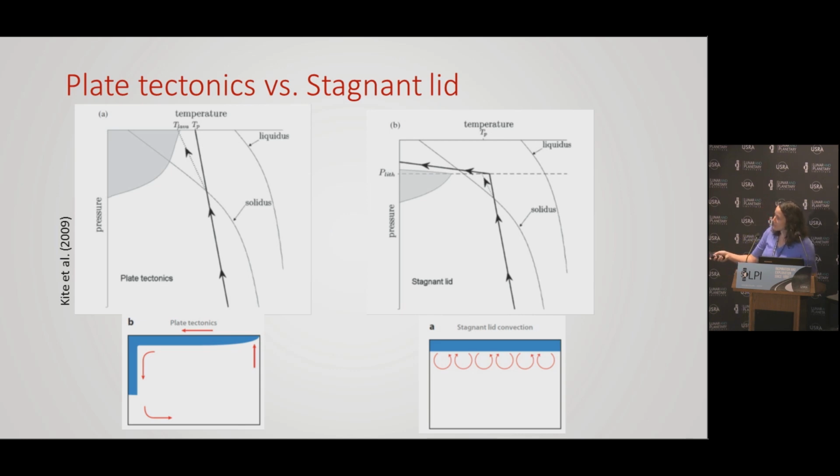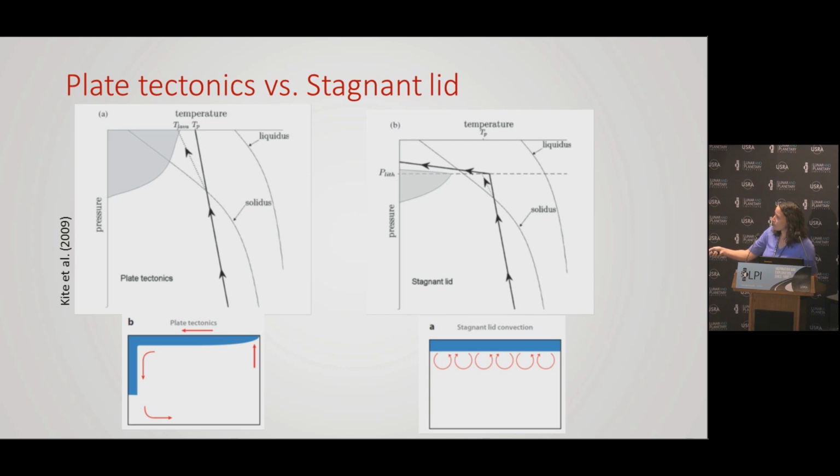For the stagnant lid, on the other hand, we have this thick conductive lid that is not participating in the overall convection of the system. So what is happening in the temperature structure here, you can see, again, we have the solidus and liquidus, and the temperature profile through the lid is conductive.